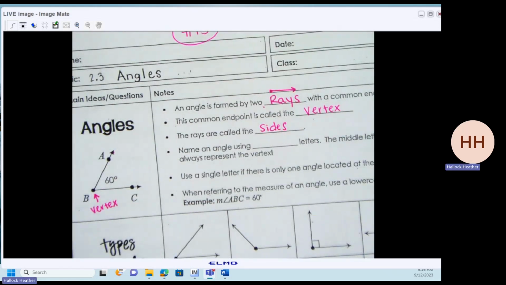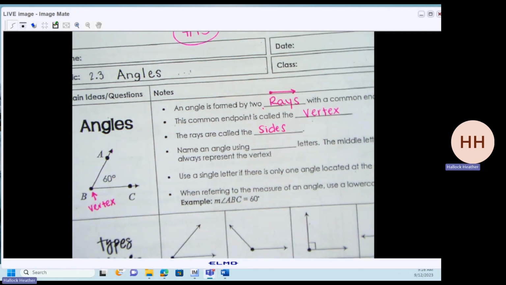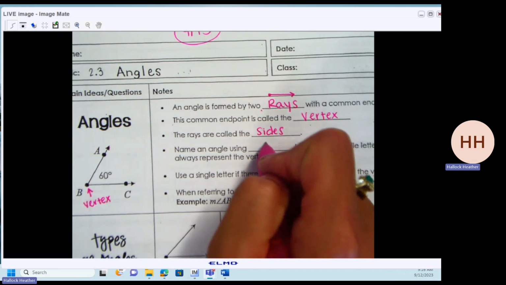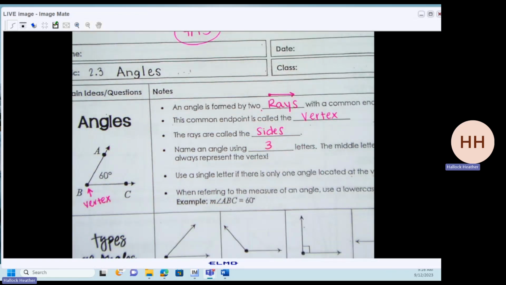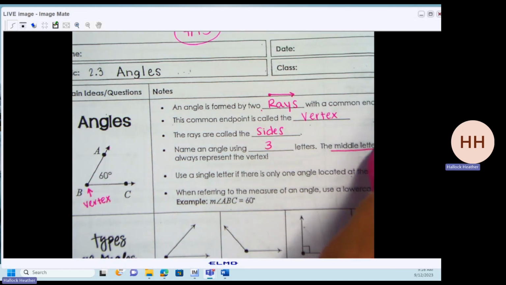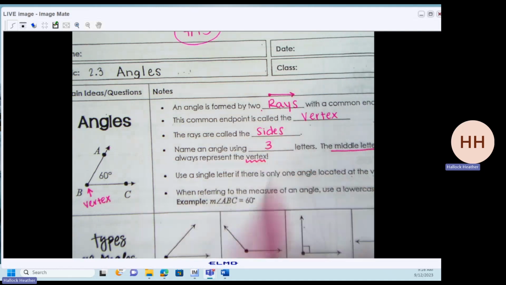And then you can name an angle. You can name an angle using three letters. So notice in your picture, you have three letters. You have A, B, and C. The key is the middle letter must always represent the vertex. So there's two different ways you can write your angle.